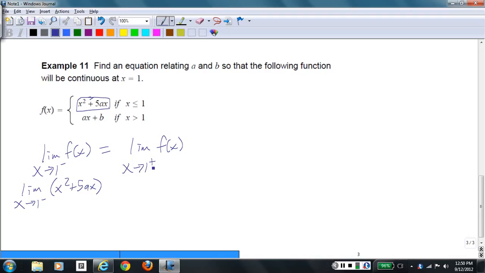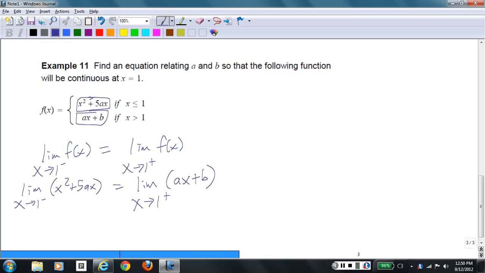If x is a little more than 1, and we're going to evaluate this function, we would use that expression because that defines the function if x is greater than 1. So this would be the limit of the expression ax plus b as x approaches 1 from the right. Now, since these are polynomial expressions, we can evaluate each limit by direct substitution.